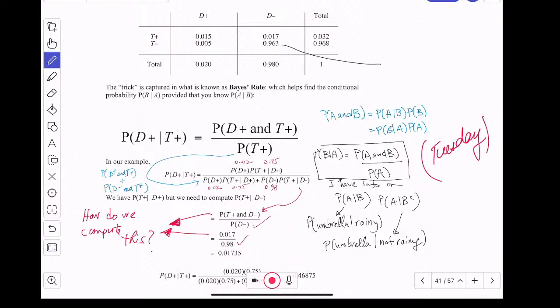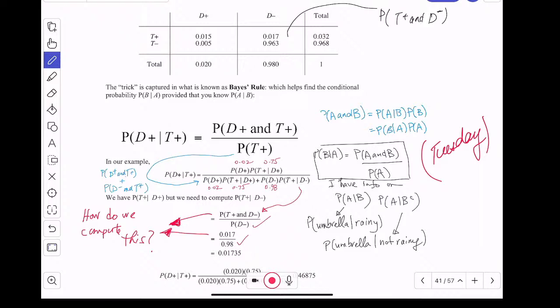We're interested in this one. This one is the probability of positive test and no disease. And that's the one that we need.